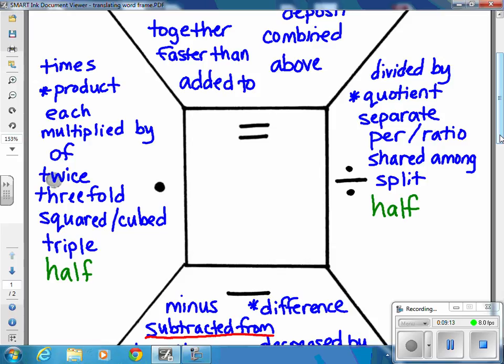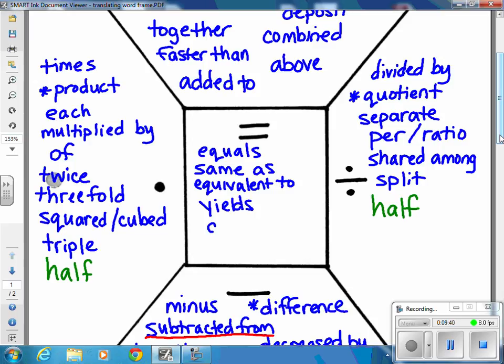All right, then right in the middle are your words that mean equal signs. So this is where when we're writing equations, we have to put that equal sign. The most obvious one is the word equals. Okay. Then you're going to see phrases such as same as, equivalent to, yields, and gives.